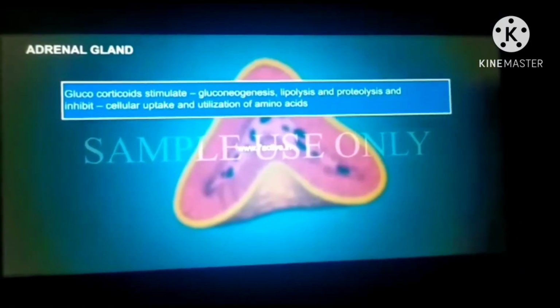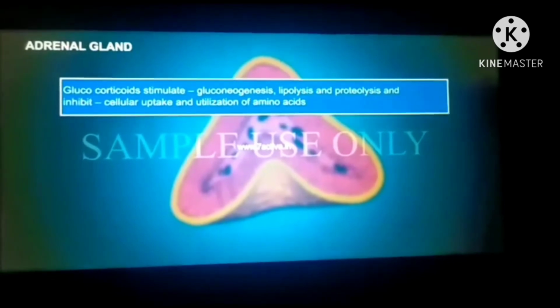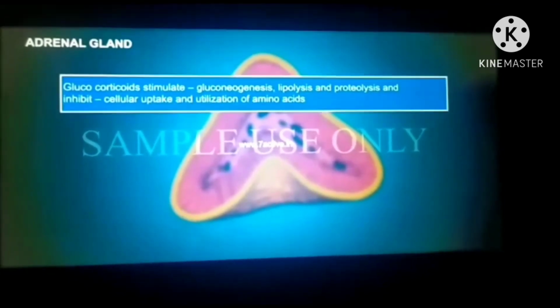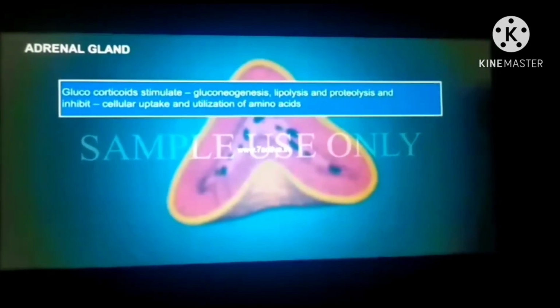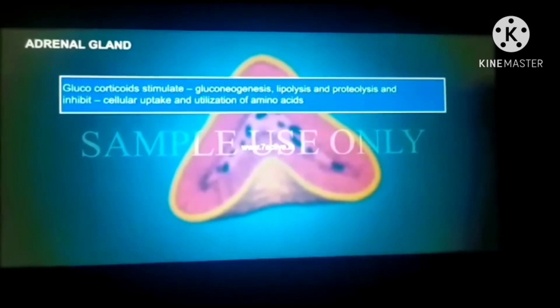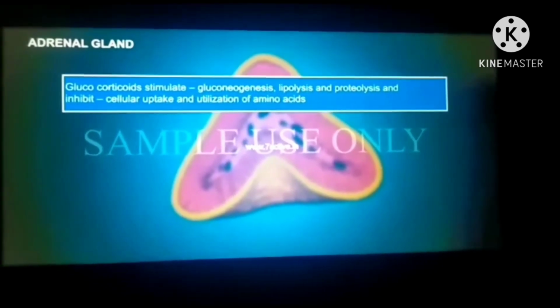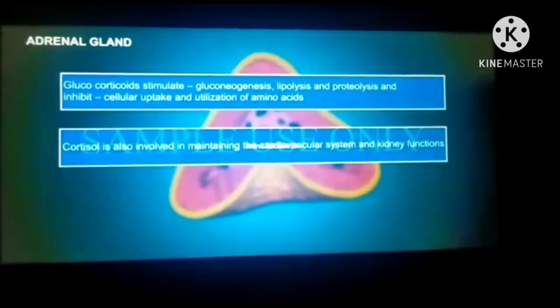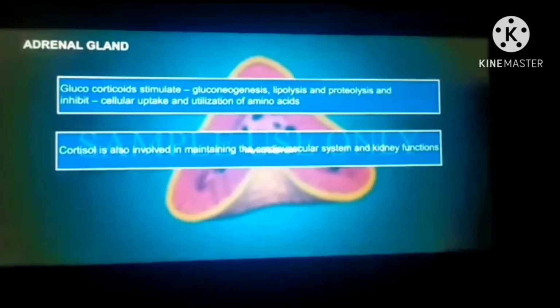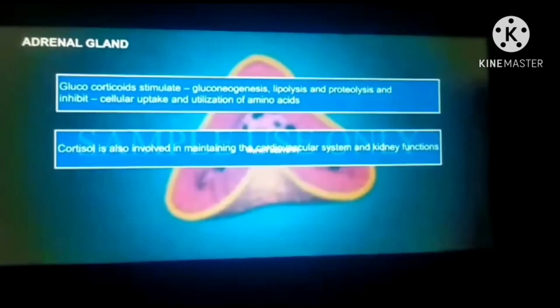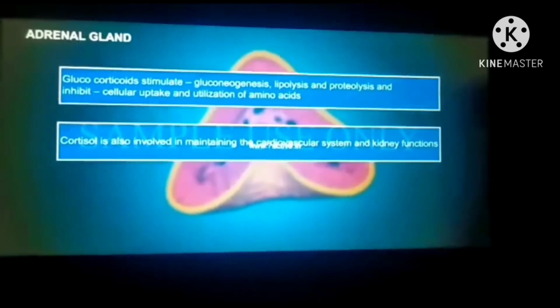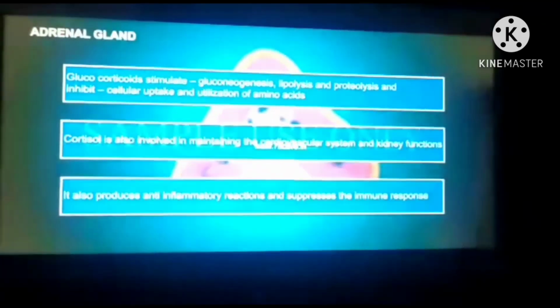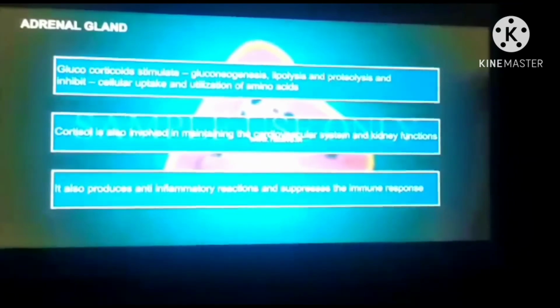Glucocorticoids stimulate gluconeogenesis, lipolysis, and proteolysis, and inhibit cellular uptake and utilization of amino acids. Cortisol is also involved in maintaining the cardiovascular system and kidney functions. It also produces anti-inflammatory reactions and suppresses the immune response.